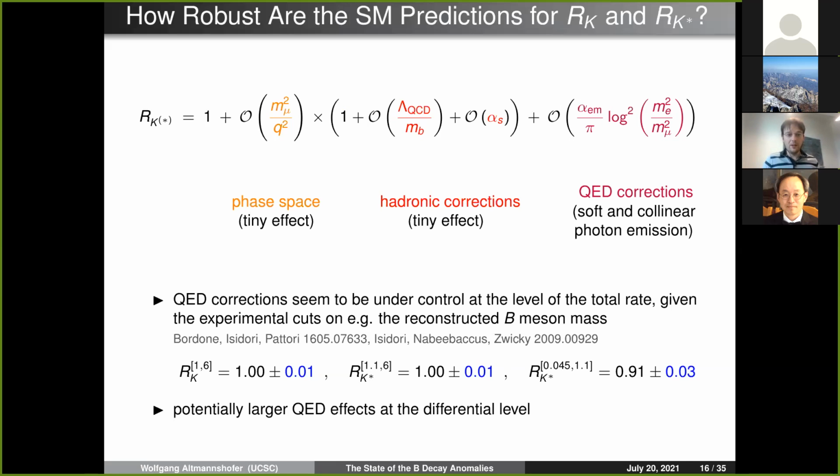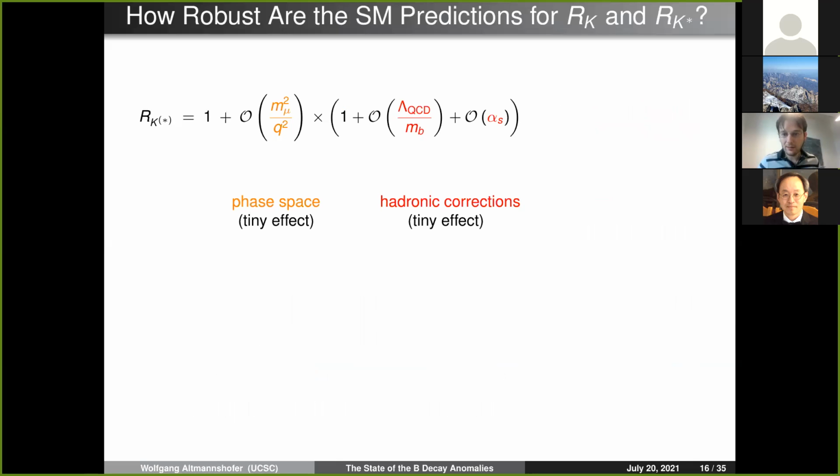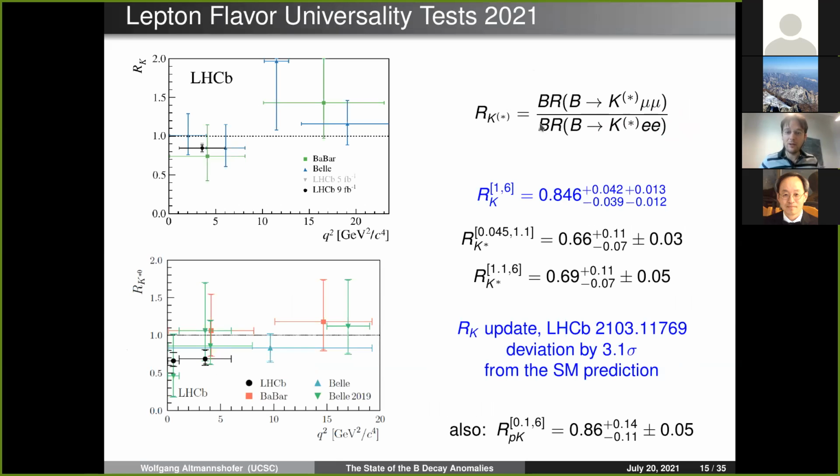Yes. So if you assume that electrons and muons have exactly the same mass, and then you look at Rk, the way it is defined, you have the branching ratio of B to K mu mu over B to K ee. Now let's go back maybe to the previous slide where I have the expression. Here we have these ratios of branching ratios. So both the numerator and the denominator have large hadronic corrections, and they are not very well understood, how big they are exactly.